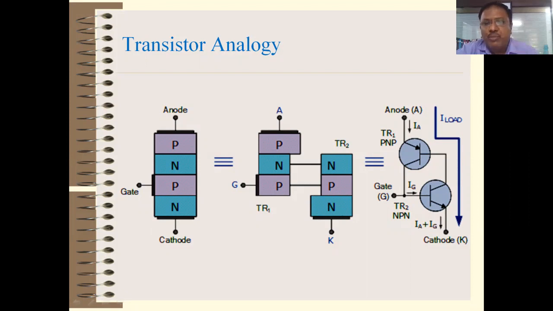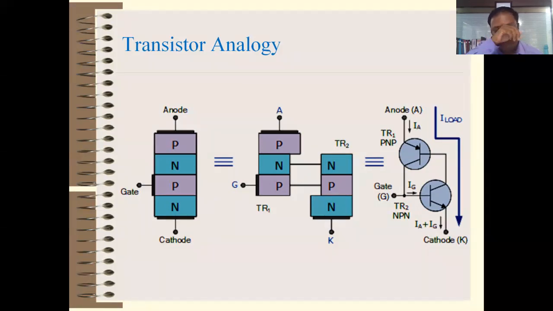Before that, I'll explain what regenerative feedback in SCR is. That is most important. When I explained the working of SCR, I told you that with a positive gate bias, the number of holes in the P region increases. Due to that, junction J2 becomes forward biased and the SCR turns on.